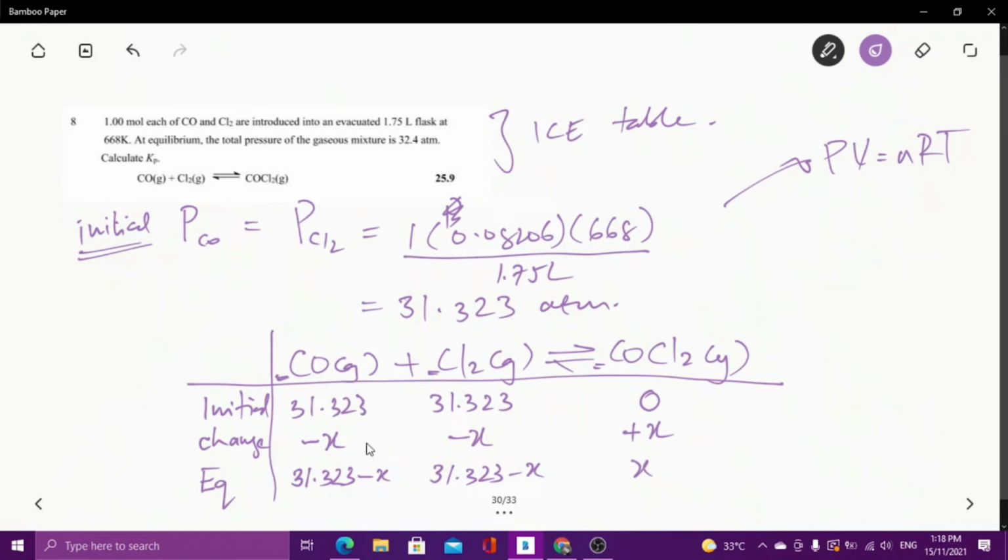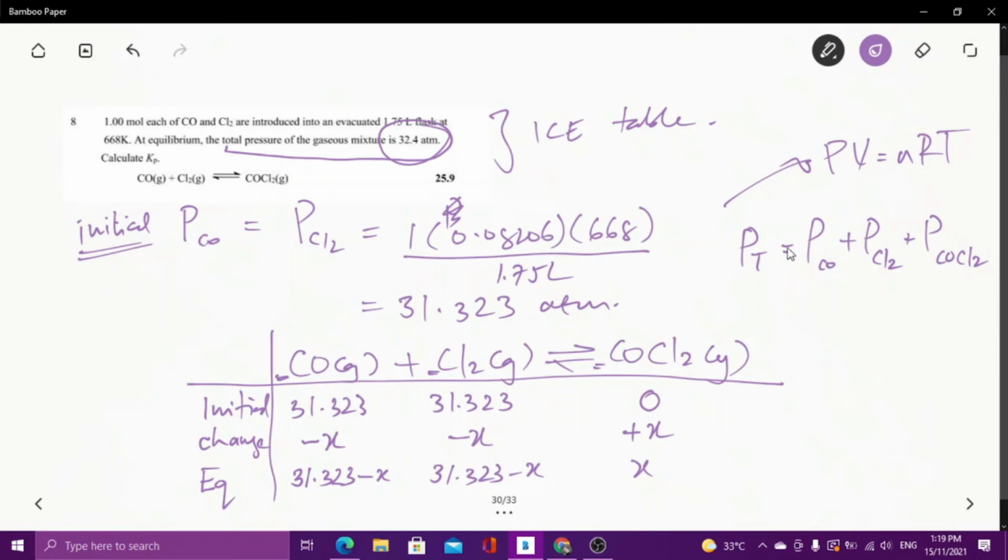So kita akan dapatkan nilai X ni yang unknown ni daripada the total pressure of the gaseous mixture yang diberikan kat sini, 32.4 atm. So anda akan kira berdasarkan partial pressure, pressure total bersamaan dengan partial pressure at equilibrium of CO plus partial pressure of Cl2 at equilibrium and plus with the partial pressure of the product itself, COCl2 at equilibrium.